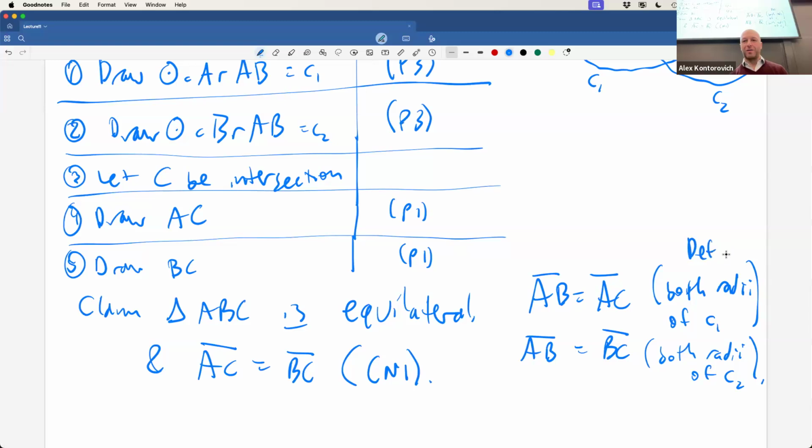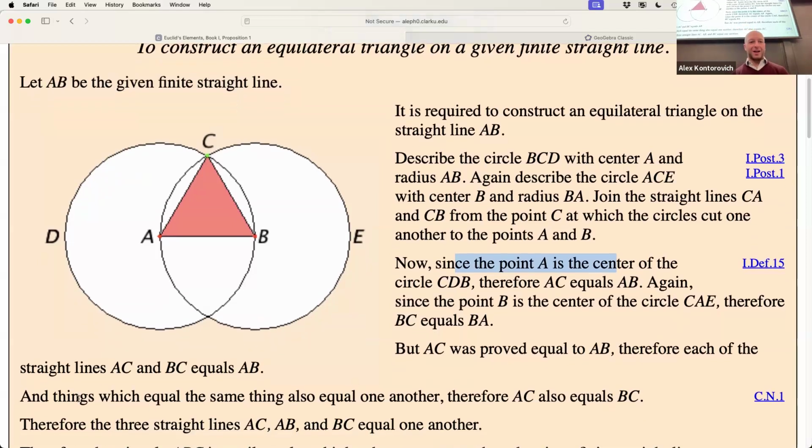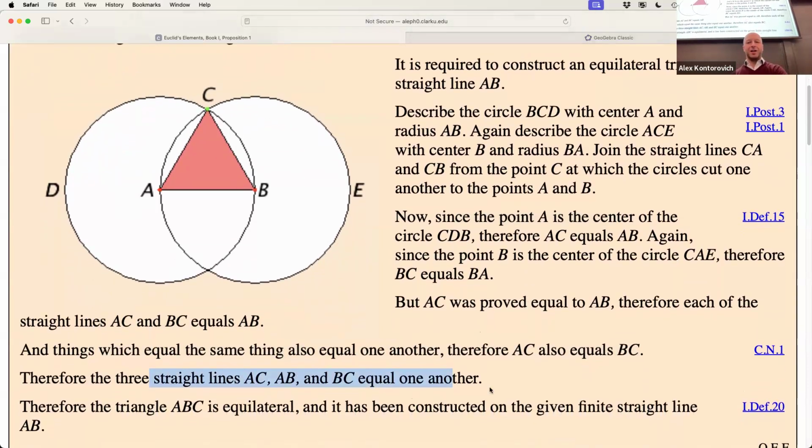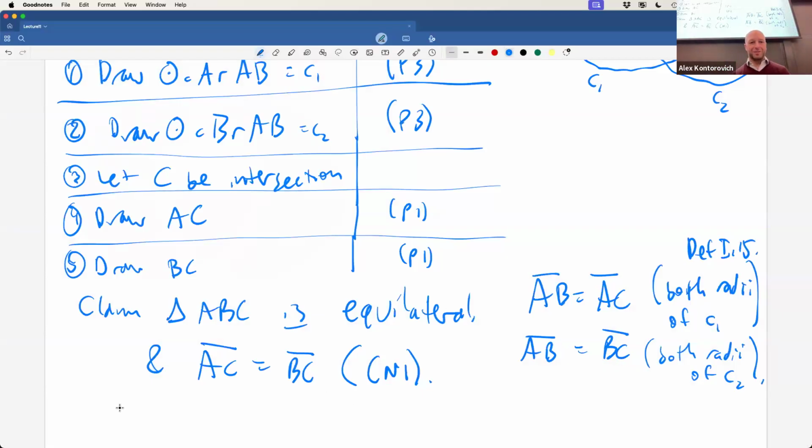Then we have that AC and BC are both equal to AB, and two things that are equal to the same thing are equal to each other. That's common notion 1. Therefore all three straight lines are equal to one another, and we've constructed an equilateral triangle. Definition 20 says what it means to be an equilateral triangle: all sides are pairwise equal. So by definition 20, it is satisfied.